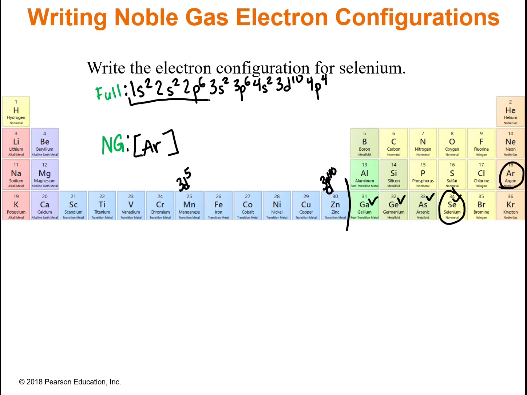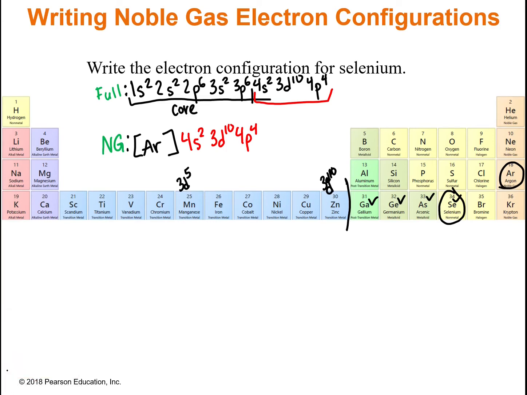So if all of this is our core, then all of this is the extra. And that's what we need to write here. So that's the noble gas configuration.